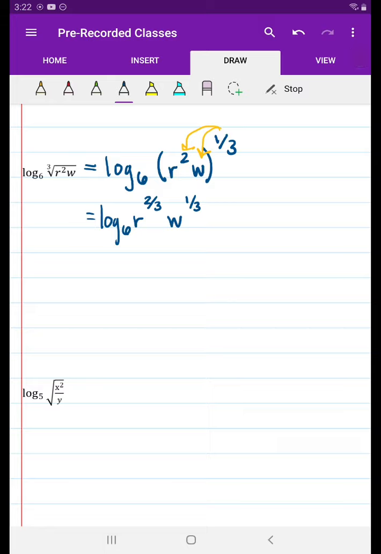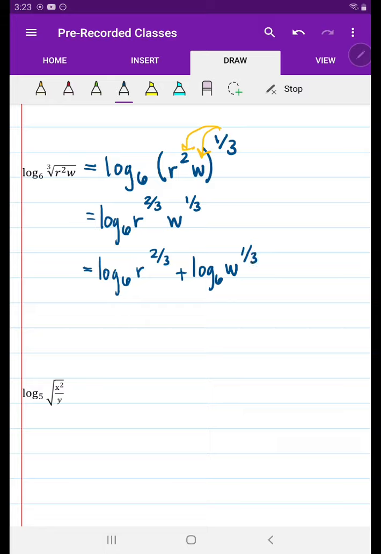So now they're being multiplied, so I'll separate these using addition. So then this is going to turn into log base 6 of r to the 2/3 plus log base 6 of w to the 1/3, okay?